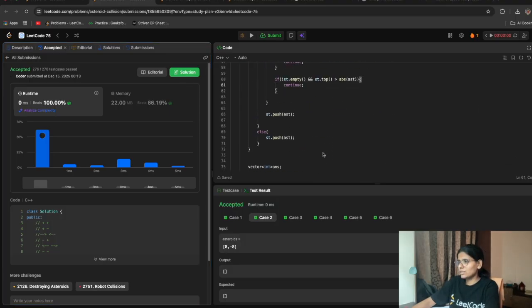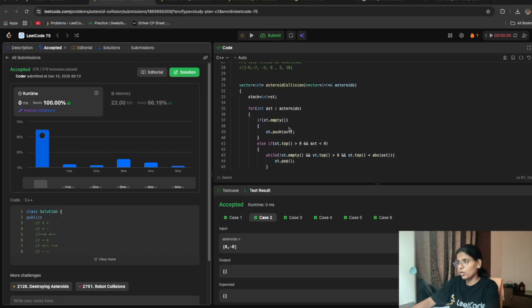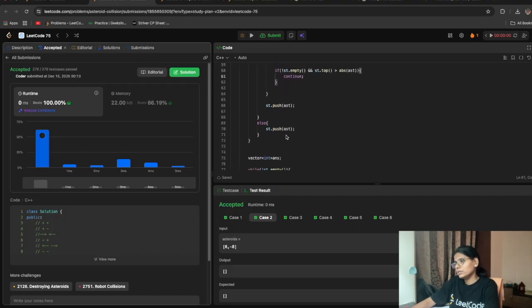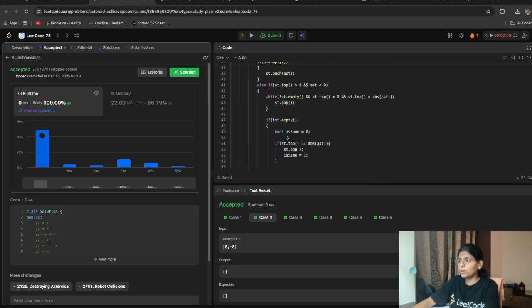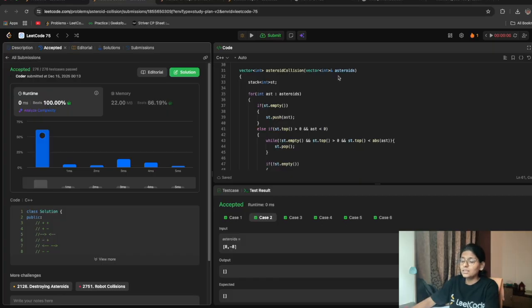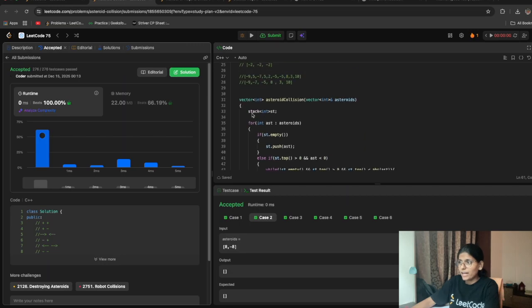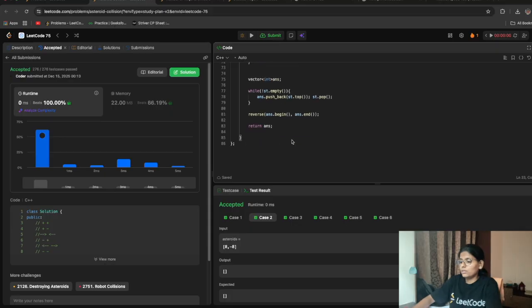As we are just traversing the vector once, the time complexity is O(n), and we are storing elements inside the stack, so the extra space complexity is O(n). So we solved this question in time complexity O(n) and space complexity O(n).